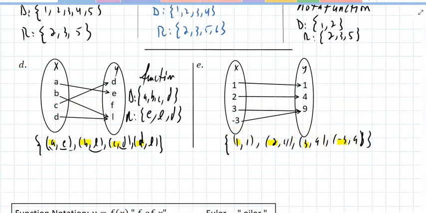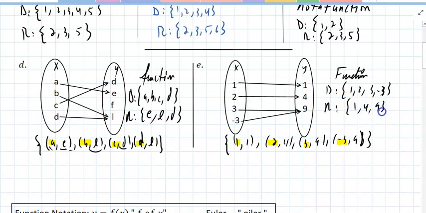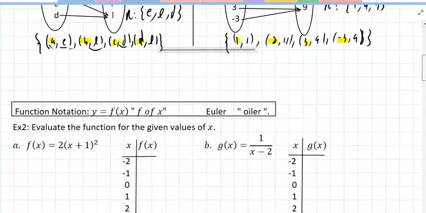Okay, not a problem. So this is a function. And domain, 1, 2, 3, and negative 3. And range would be 1, 4, and 9. So you could list those as coordinates.